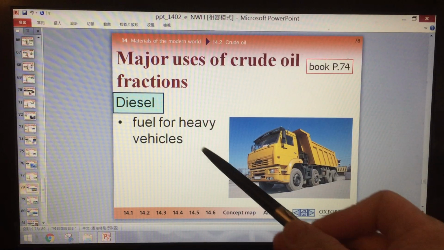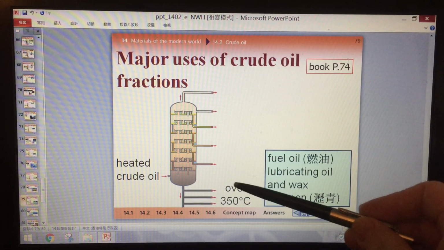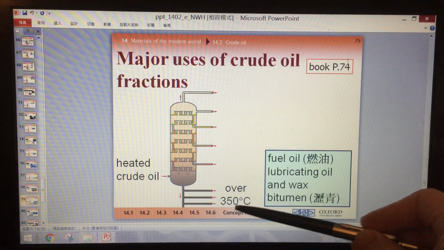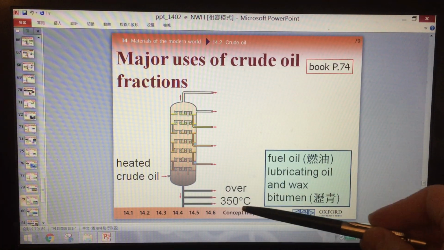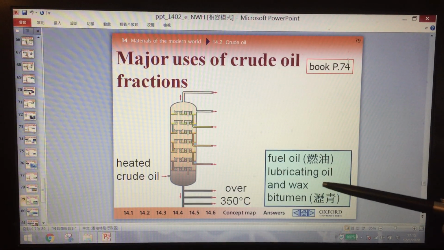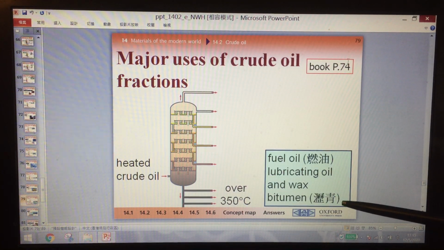Diesel is fuel for heavy vehicles. And then for very large size molecule, the boiling point is over 350 degrees Celsius. They are fuel oil, lubricating oil and wax, bitumen.